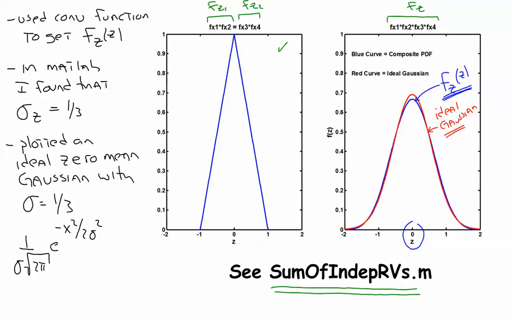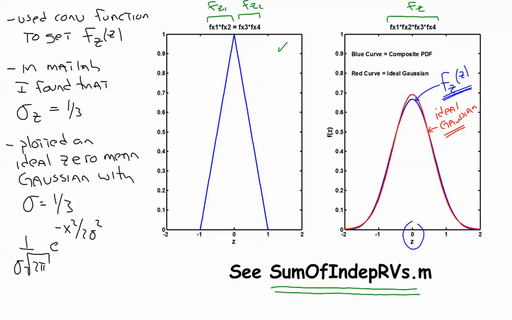What we see is I started off with 4 statistically independent uniform random variables. A uniform random variable doesn't look much at all like a Gaussian random variable, but when I convolve only 4 of them together, I get a composite probability density function that is extraordinarily close to an ideal Gaussian. It's not quite perfect, but it's extraordinarily close.